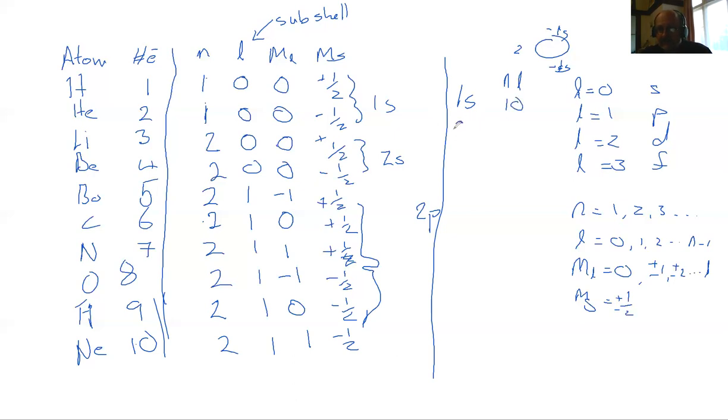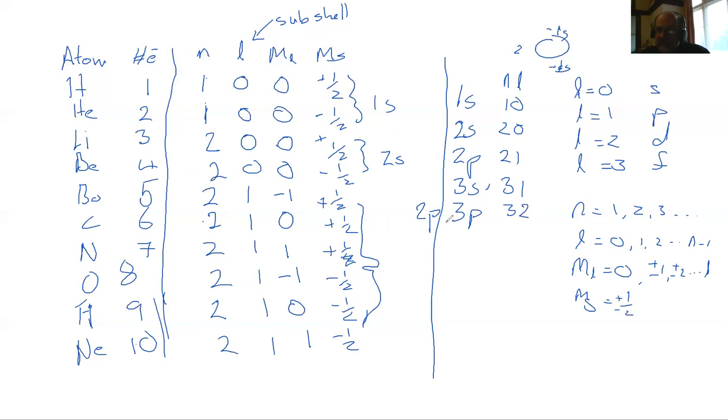Then we fill up the 2s, which is going to be 2, 0. Then we fill up the 2p, which is 2, 1. Then we fill up the 3s, so far this seems reasonable, which is going to be 3, 0. Then we fill up the 3p, which is going to be 3, 1.